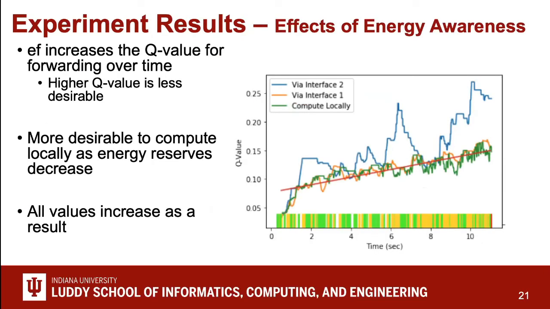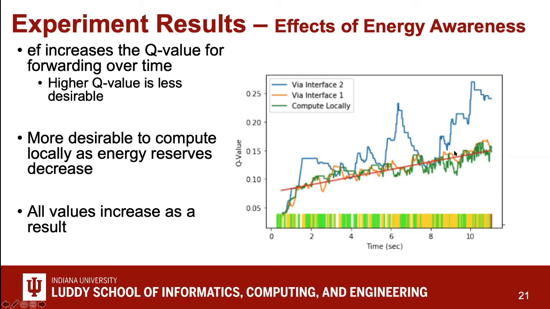This here, I just wanted to show how the energy factor increases or biases the cost of everything as time goes by. So you can see here, you have the 3 different actions. You have forwarding via one route or via another, or computing locally. And this red line here just gives you an idea of how it slopes upwards.